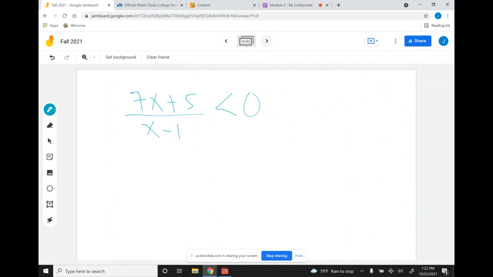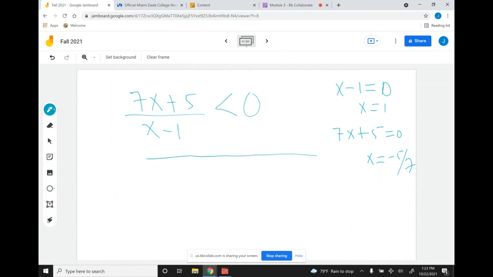So let's do that. The critical number from the top is -5 over 7, and from the bottom it is 1.